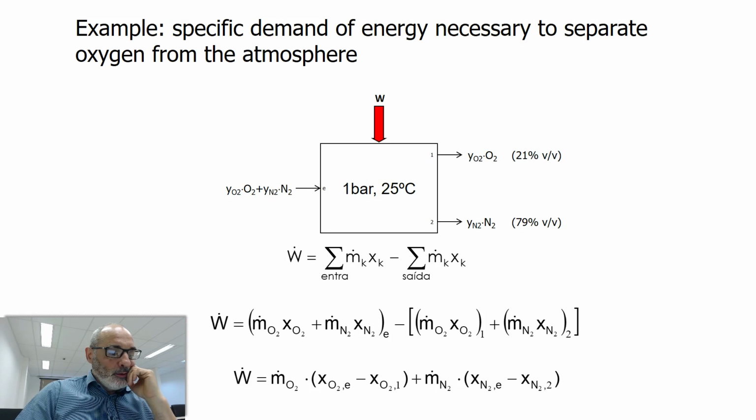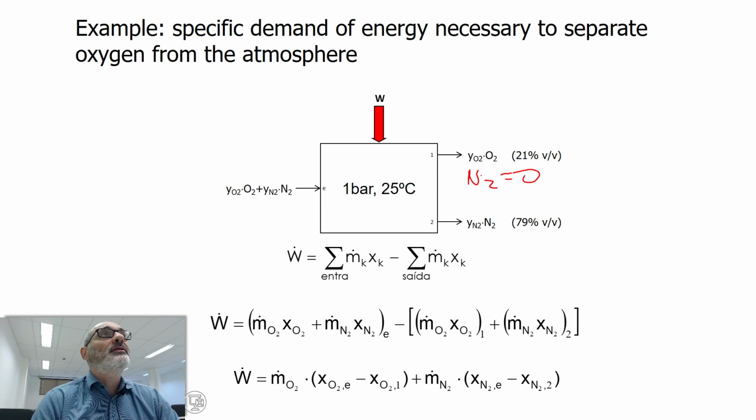And what we want to do is, let's say, for the mixture here, the concentration of N2 on exit 1 is 0, and the concentration of O2 at exit 2 is 0, okay? Just to define the nomenclature.